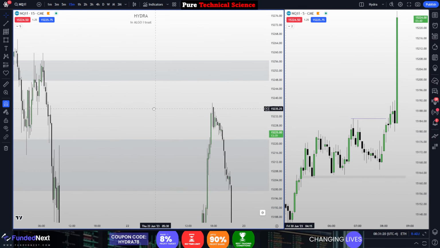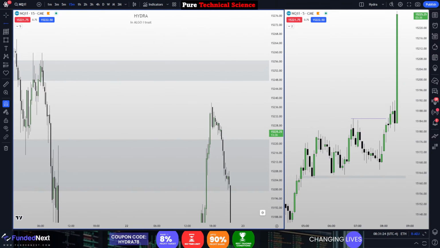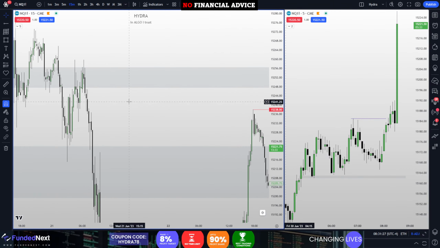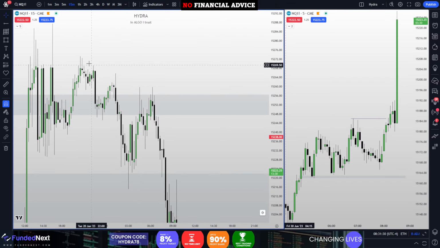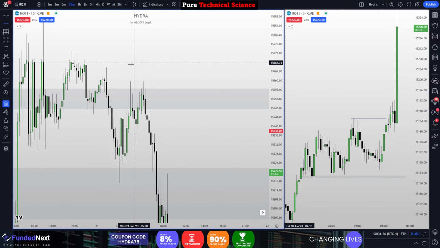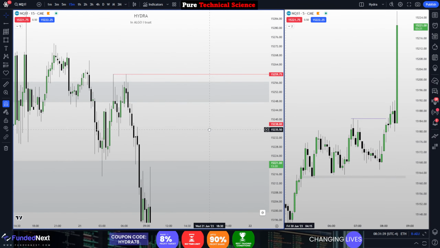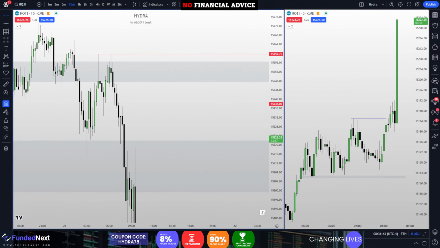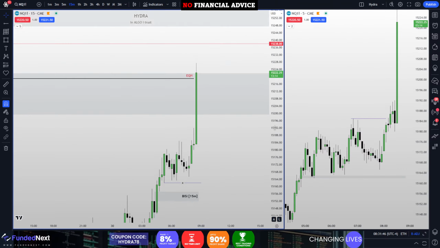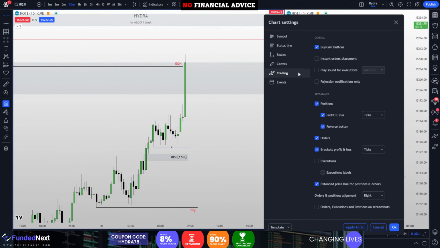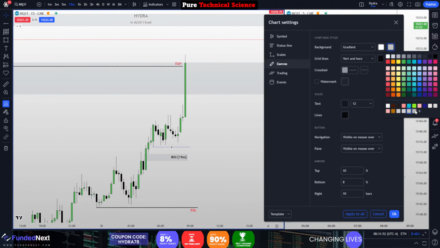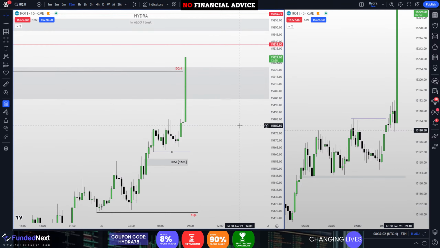Okay, we have a high here, a swing high, and relative equal highs all the way up here. Okay, so price is reaching for this swing high.